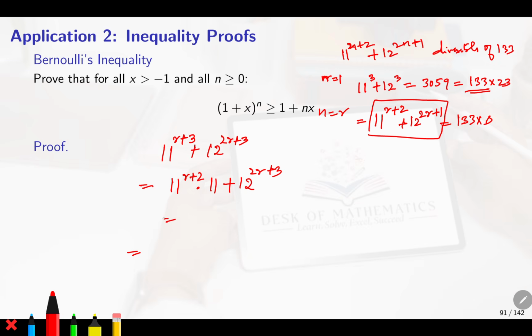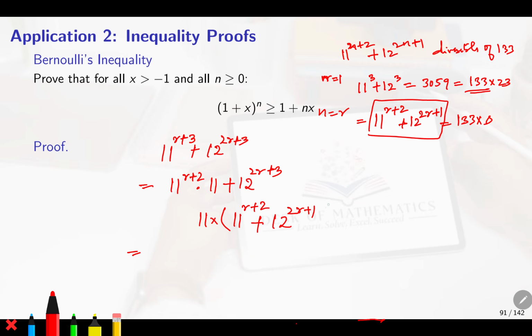So we can make it 11 times 11 to the power r plus 2, minus, plus 12 to the power 2r plus 1.